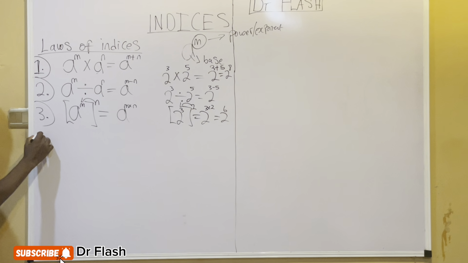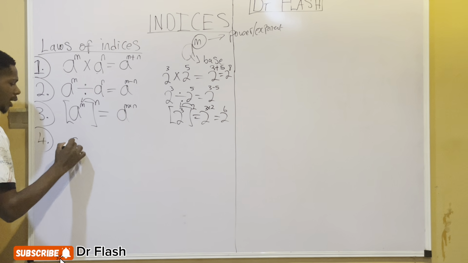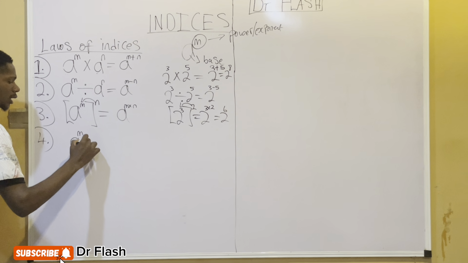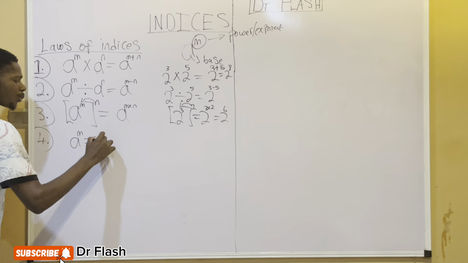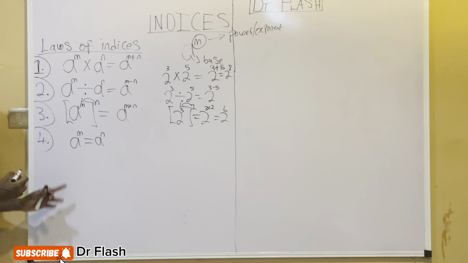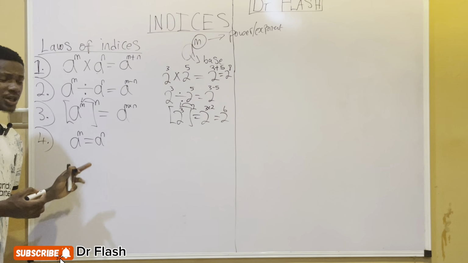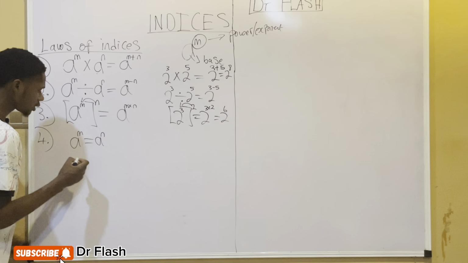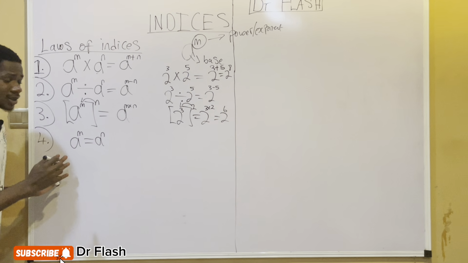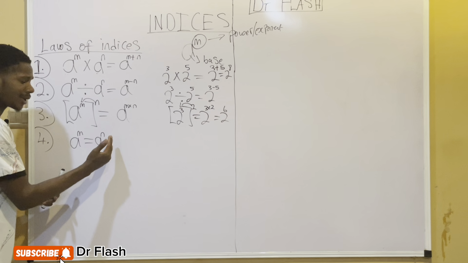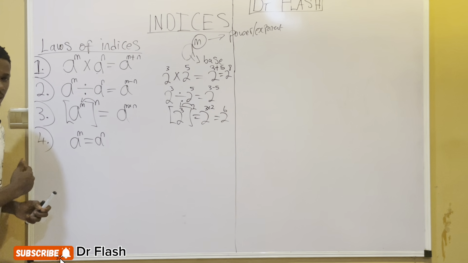Okay, now the first law we're going to be taking gives us a to the power of m is equal to a to the power of n. Okay, a to the power of m equals a to the power of n. In this case, whenever we have an equation like this without any other term, like a plus on the other side or a minus on the other side, take note.